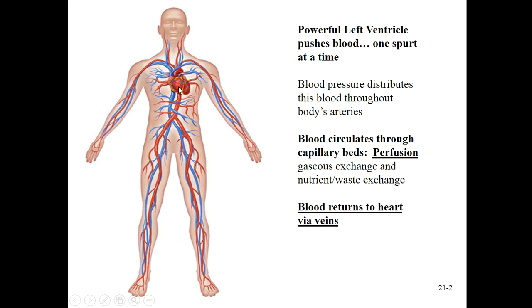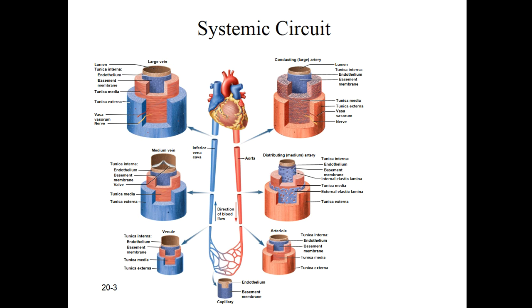So look at that. Every cell in your body has an artery or capillary bed ultimately delivering nutrients and waste, and every cell in the body has its own little sort of sewer system, the venous system, which helps to return the blood to the heart.